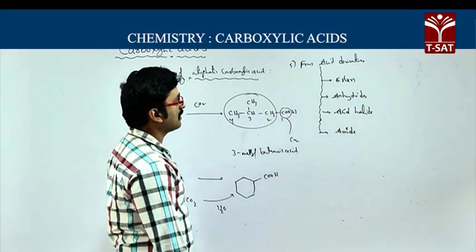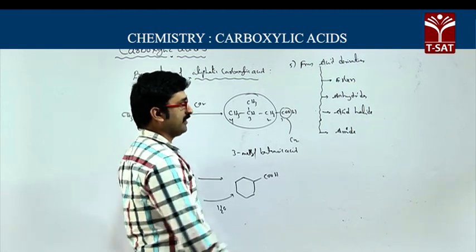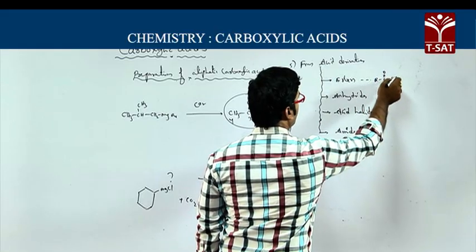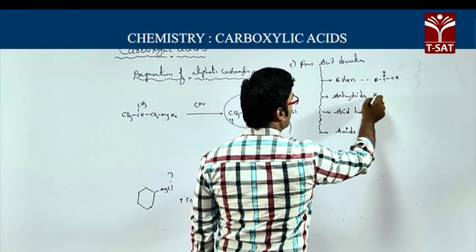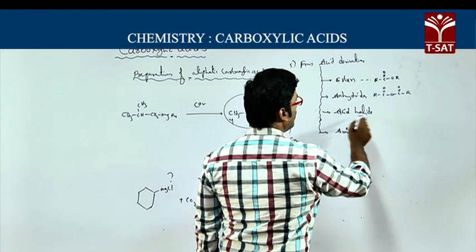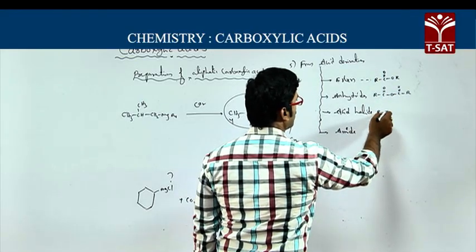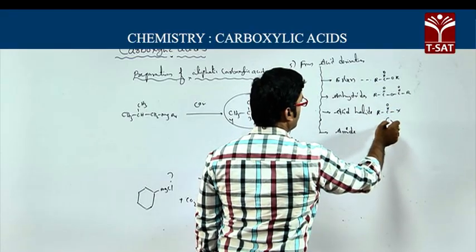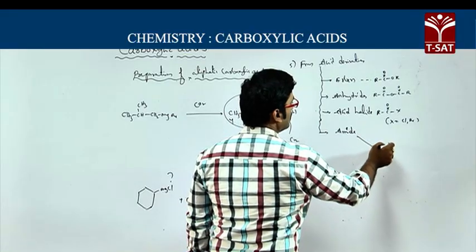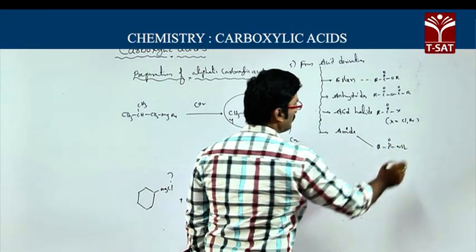These are called acid derivatives. Esters we can represent as RCOOR, anhydrides as RCO-O-COR, acid halides as RCOX, where X may be chlorine or bromine, and amides as RCONH2.